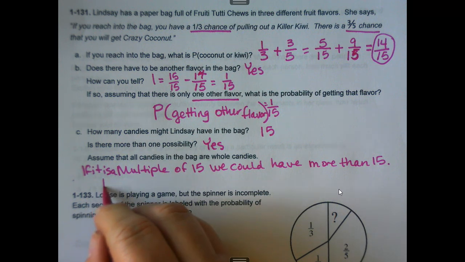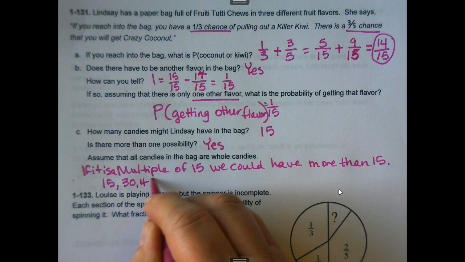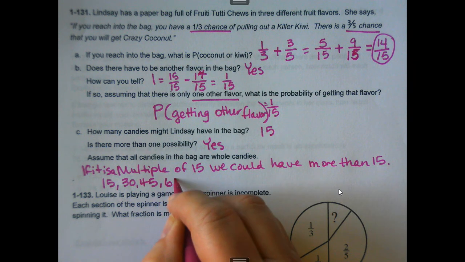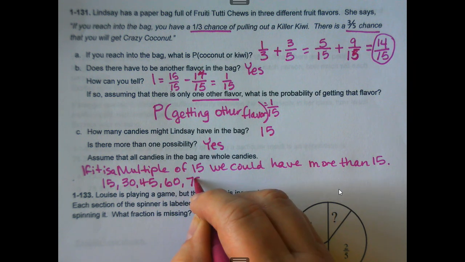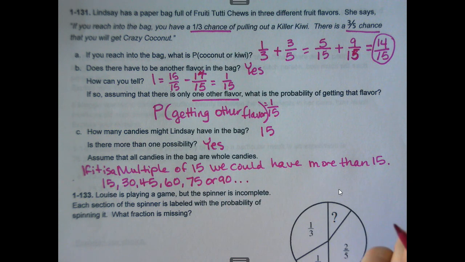So we could have 15 or 30 or 45 or 60 or 75 or 90, or we could just keep moving on.